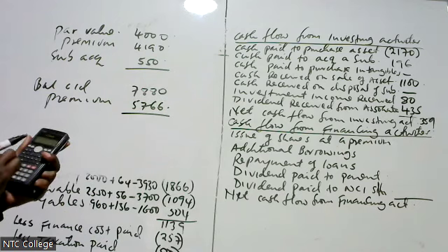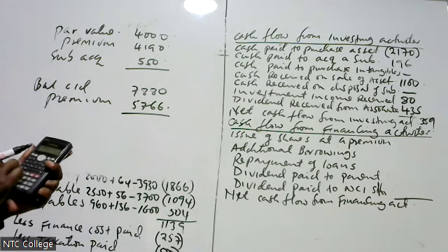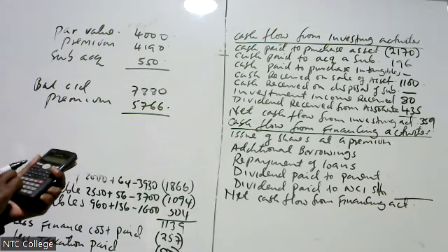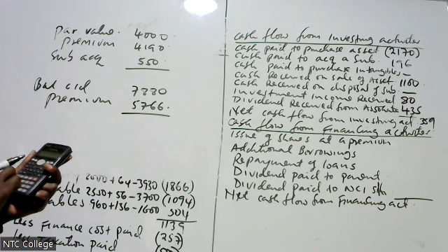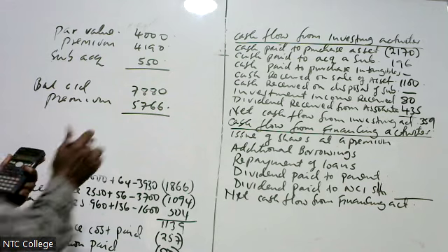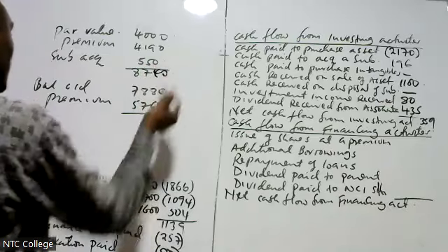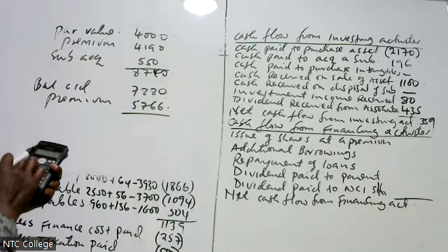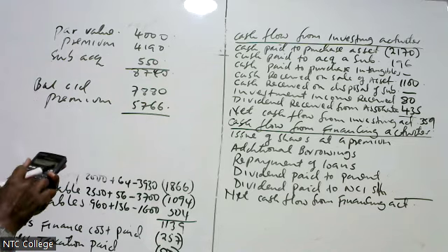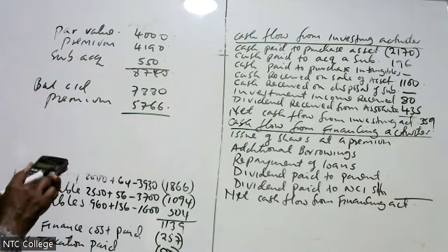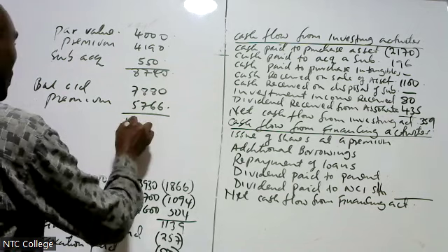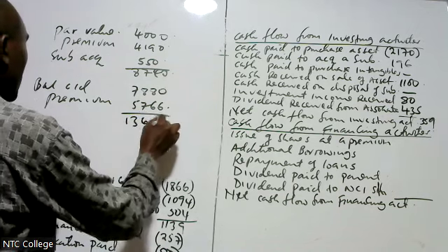Let me add 4,000 plus 4,190, plus 7,8 and so on; total comes to 13,646.